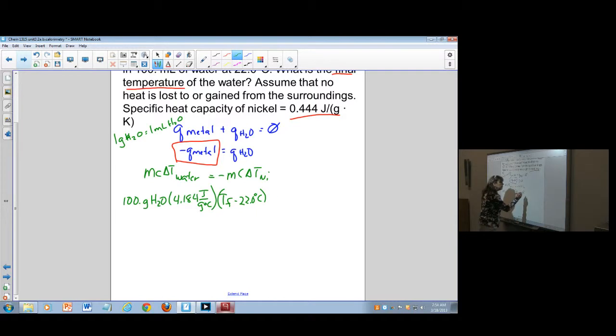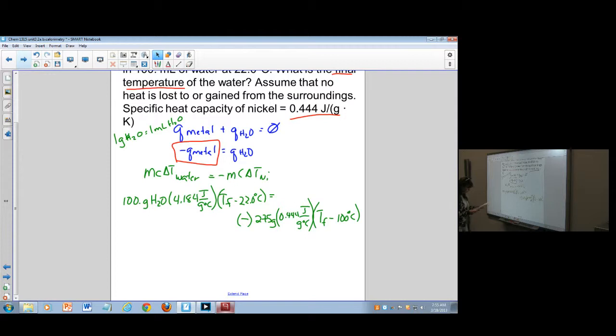I'm going to set all this equal to negative, which I'm bringing along with me, 275 grams of nickel times the specific heat of nickel, 0.444 joules per gram degree Celsius, times the final temperature, which I don't know, minus 100 degrees Celsius. Okay, so this is the expanded view, and you're going to need it.